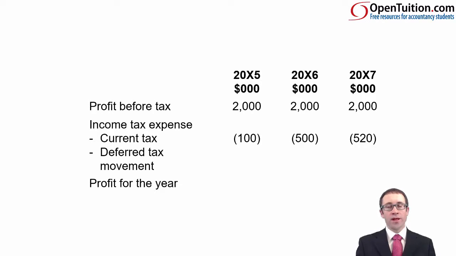What we need to do is work through those 4 steps, because the 4th step gives me the deferred tax movement. And if I process the movement through profit or loss, that will then give us my total tax expense and then my total profit for the year.